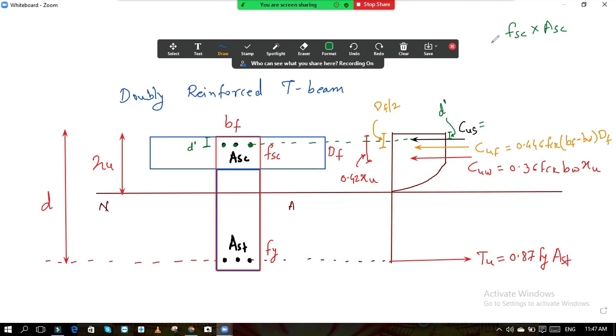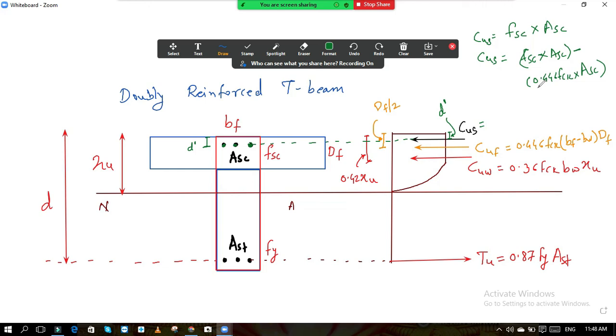So our formula will become, what will be the formula? I can write over here CUS is equal to what? fsc into Asc total, from this I will subtract, subtract from the concrete, 0.446 fck into Asc. The area of concrete is the same as the area of steel. We have already discussed this also, while I taught you the doubly reinforced section.